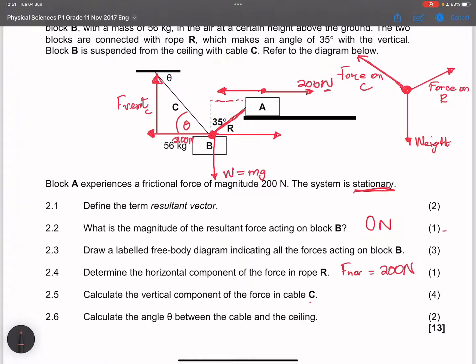If I look at the vertical forces acting on B, that would be the vertical component on rope C, the vertical component on rope R, but also the weight of that block. I'm looking for the vertical component on C, so let's try to calculate it.